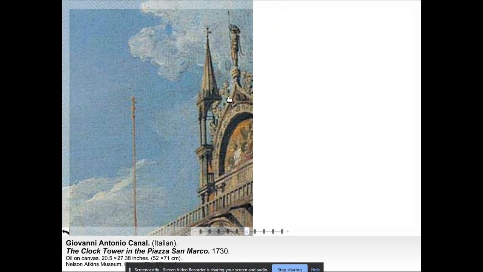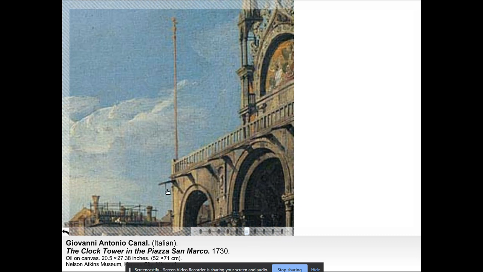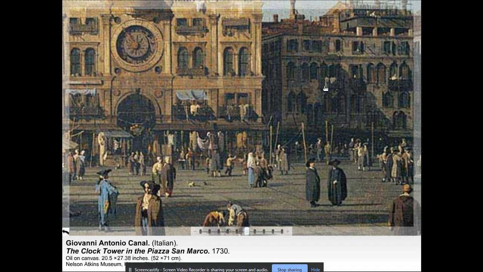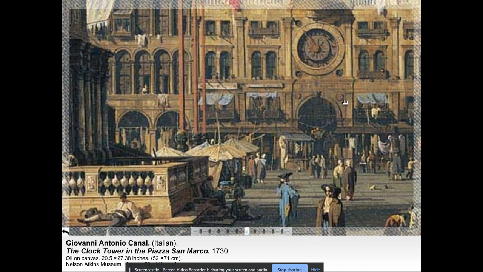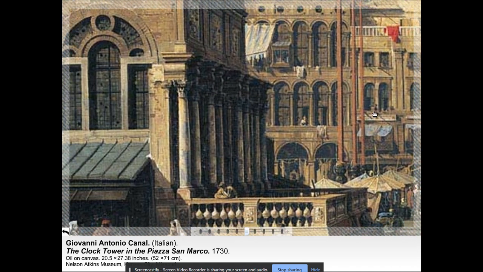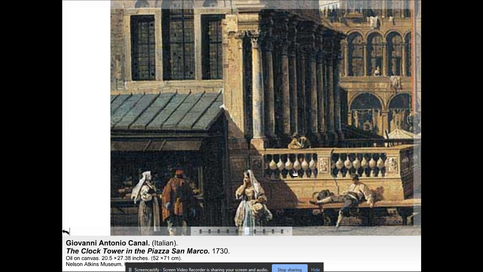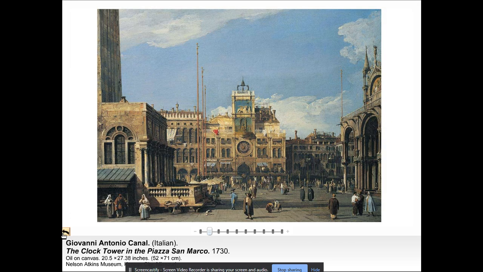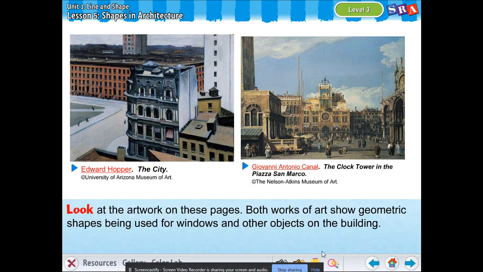Oh, look at this one. A triangle. It's like a cone. And there's a statue on top of there. It would be very cool for you to look this up and submit this picture for extra credit, or if you want to just see what it looks like, from 1730 to 2020.